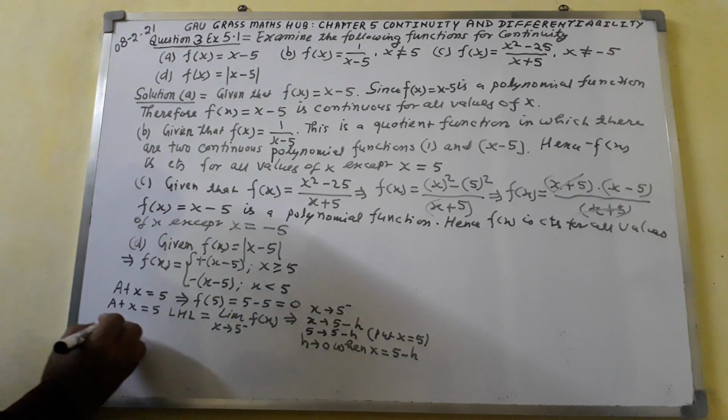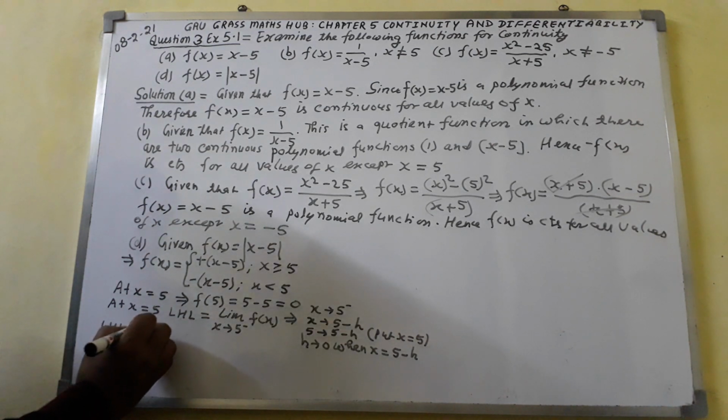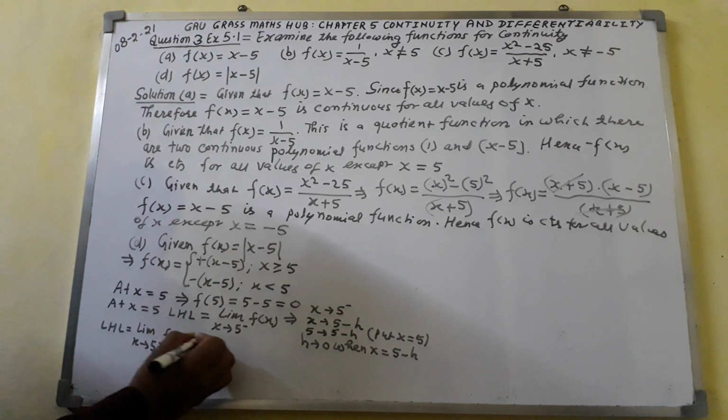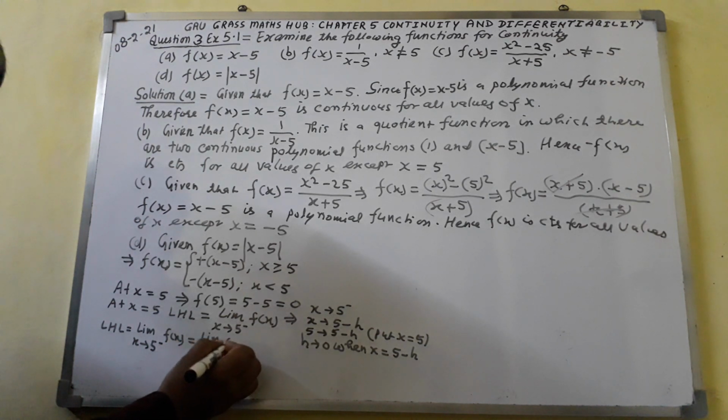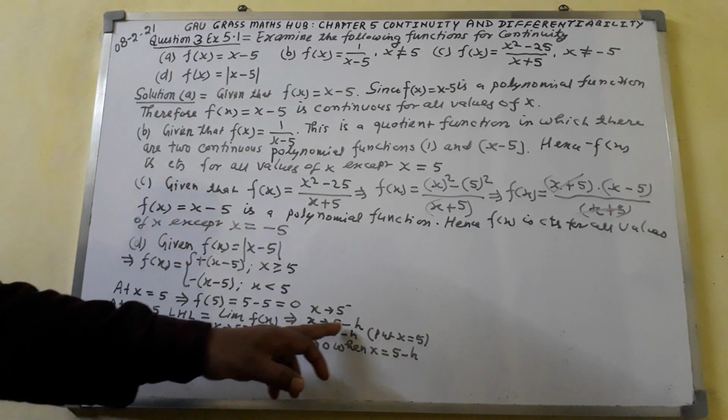Now what will we do here? LHL equal to the left hand limit as x tends to 5 negative of f of x, equal to the limit as h tends to 0 of f of, now put the value of x equal to 5 minus h.